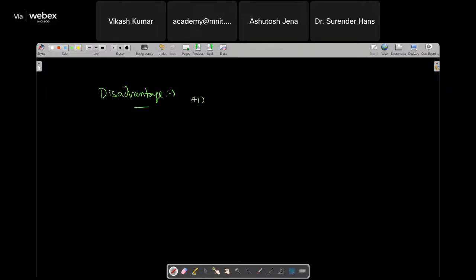So the first disadvantage is the saturating activation signal. It saturates at high values of the input x. Just because of this saturating activation, the problem that occurs is vanishing gradient.